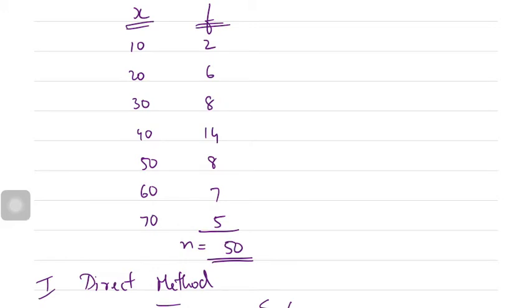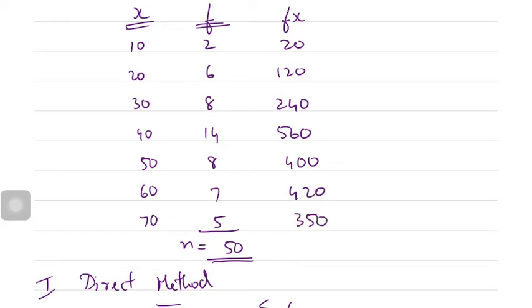And you need summation fx, that means total of fx. So you need a next column which is fx, f into x. So 10 into 2, 20, 20 into 6, 120, 30 into 8, 240, 40 into 14, 560, 50 into 8, 400, 60 into 7, 420, 70 into 5, 350.